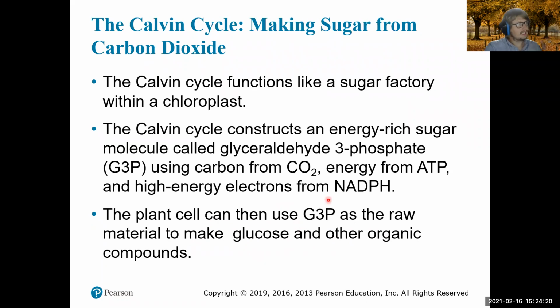And so once that ATP and NADPH moves on to the Calvin cycle, this is basically where that glucose molecule will be made.